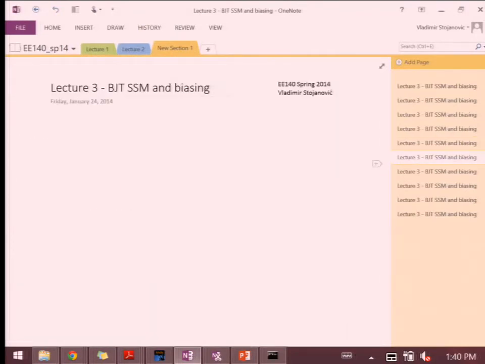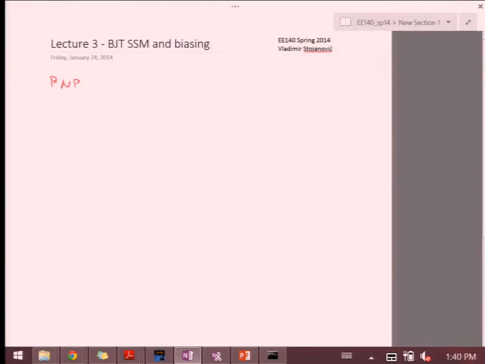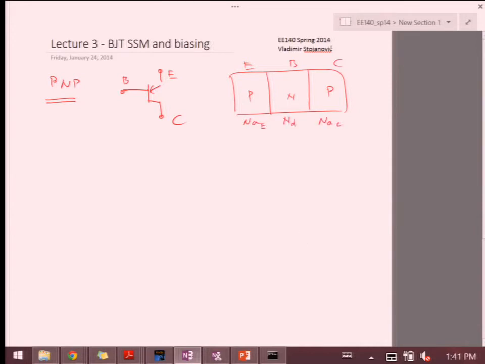So just to show you real quick that things are actually pretty similar for a PNP transistor. We actually haven't talked much about it, but I just want to sketch it here. PNP just means that our emitter, base, collector are now PNP, which means that now we have acceptors here and donors in the base.